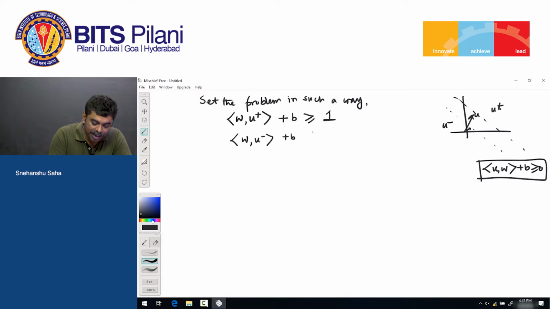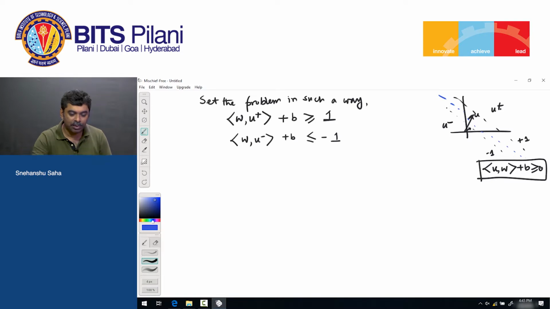So we say, okay, let's assume that this is greater than or equal to plus 1, and when it comes to the negative training examples, this will be less than or equal to minus 1. So what is going to happen? Let's say this is plus 1, let's say this is minus 1, so that there is this 0 line, correct? So it's on either side of the 0 line.